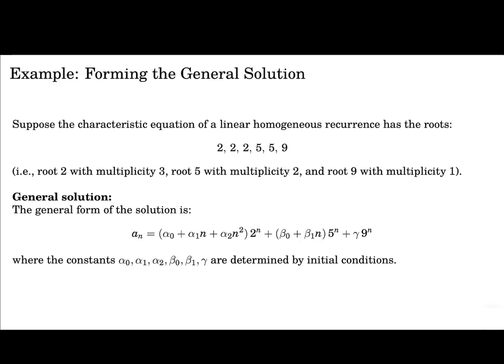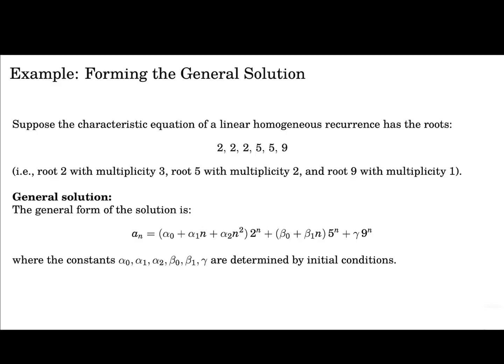In other words, the distinct roots are 2, 5, and 9 with multiplicities 3, 2, and 1. Then the general solution, An, is going to take the form, you're going to have this term 2 to the n, and since this has multiplicity 3, you're going to have 3 parameters here, so this is going to be a polynomial of degree 2. You see it has 3 parameters.